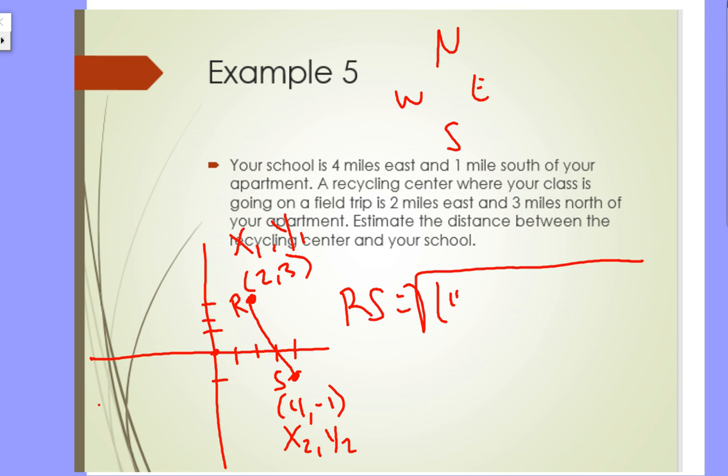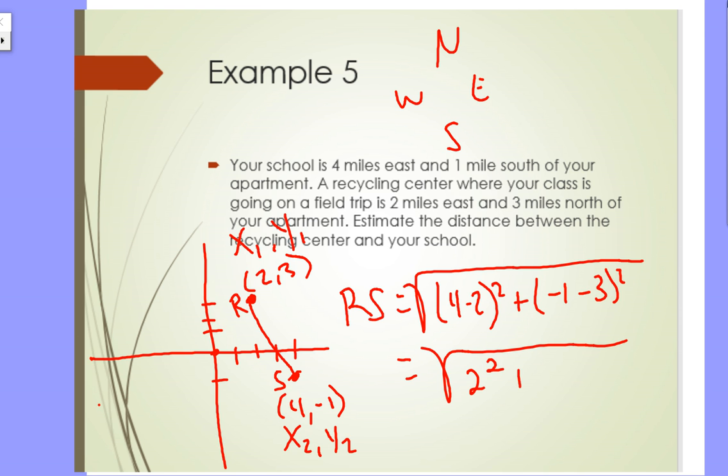So I'm going to have 4 minus 2 squared plus -1 minus 3 squared. So I get 4 minus 2 is 2 squared plus -1 minus 3 is -4 squared. 2 squared is 4. And 4 squared is 16.